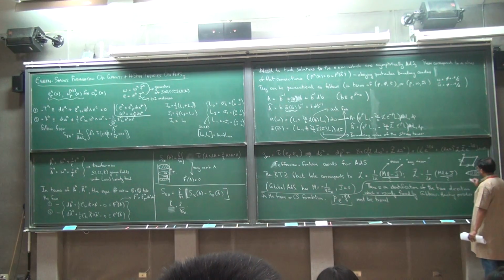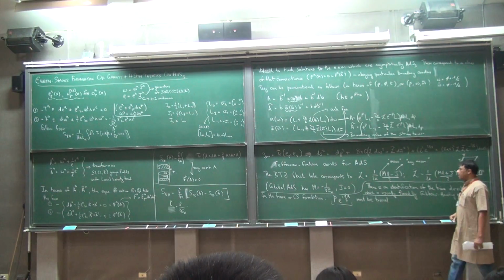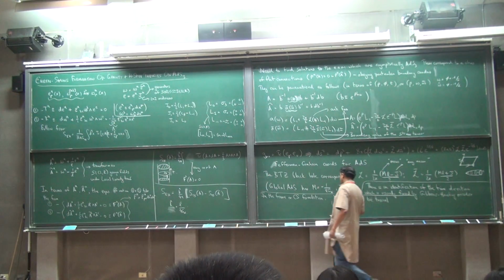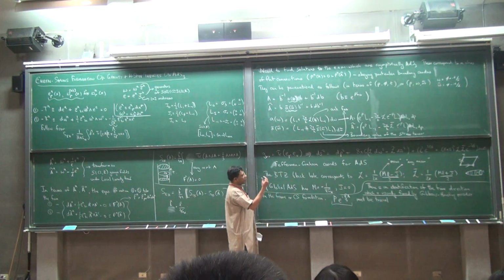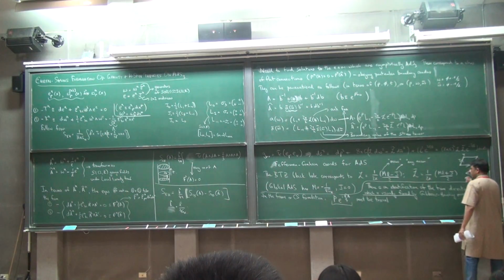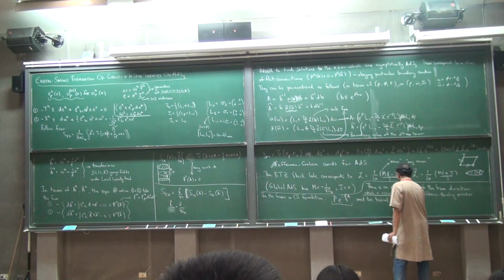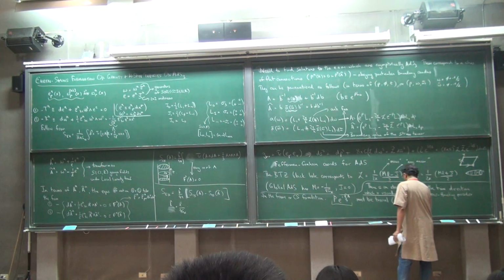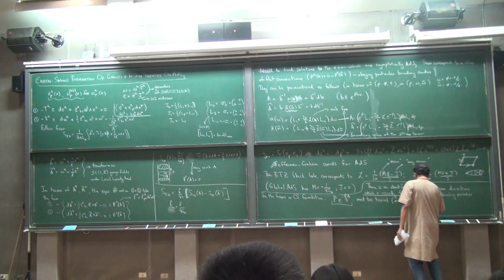So in particular for a tiny loop, it should be the same. So if it is smoothly contractible, that must be telling you that this holonomy must be trivial. So trivial means that it is in the center of the gauge group.